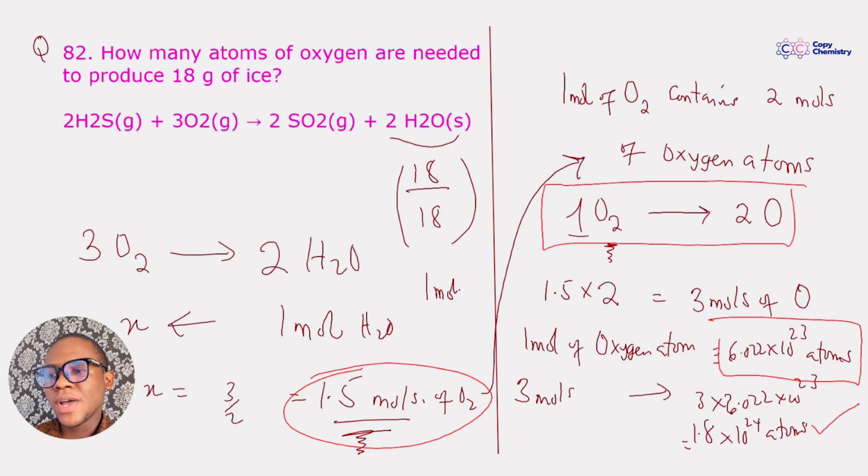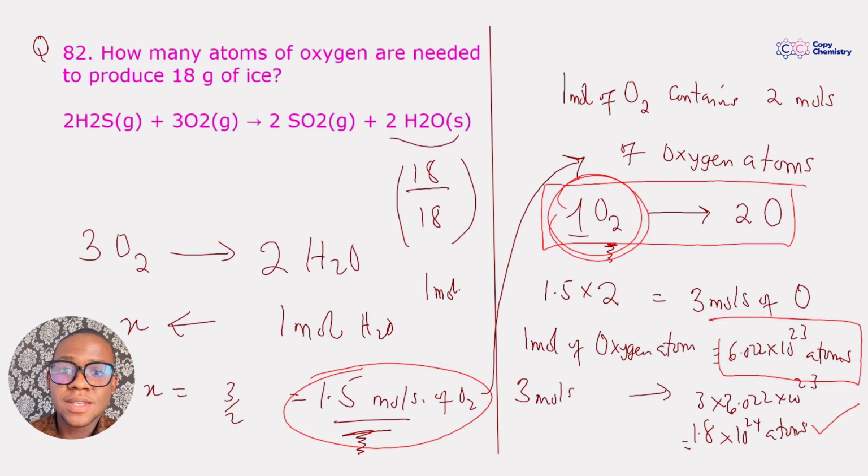So that's it. If you're asked how many molecules of oxygen you're dealing with here, then you should think about it this way: 1 mole of O2 contains basically 1 mole of oxygen molecules. If you're talking about molecules, a molecule is how a substance exists freely.